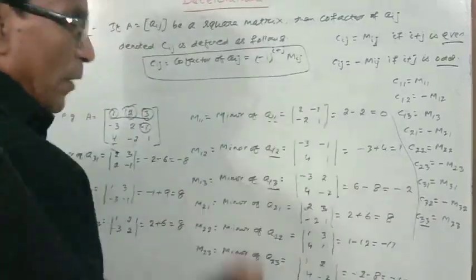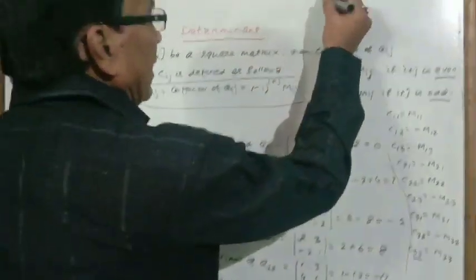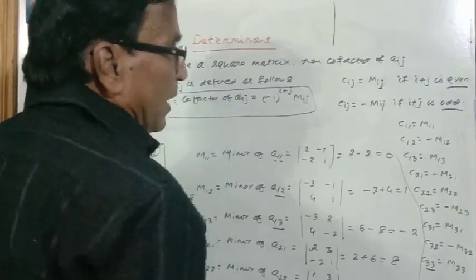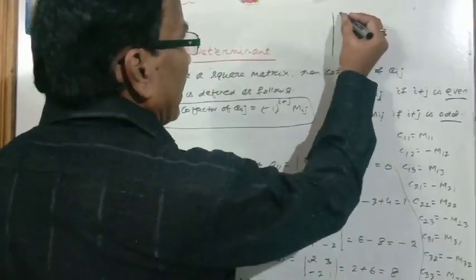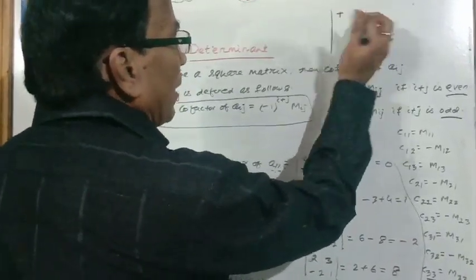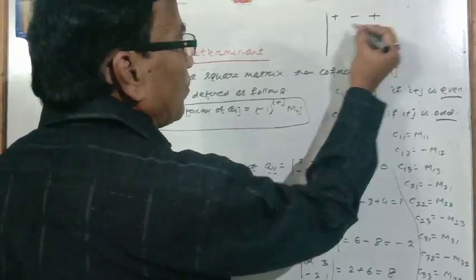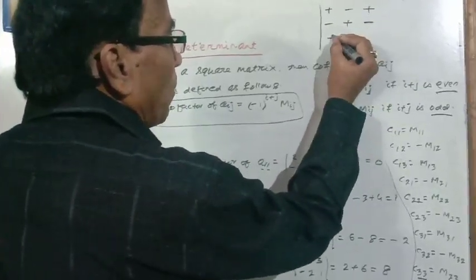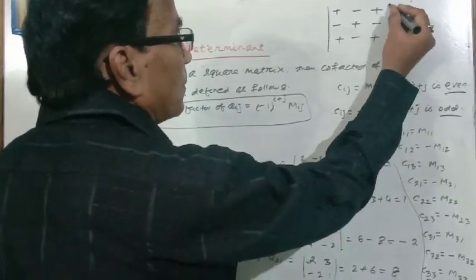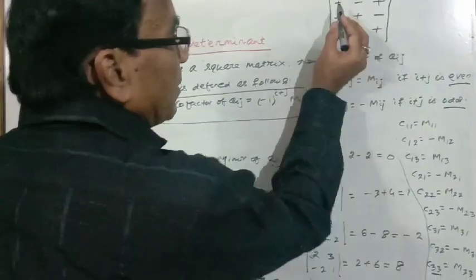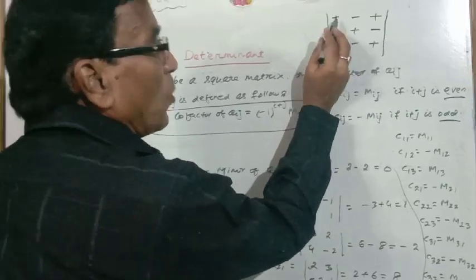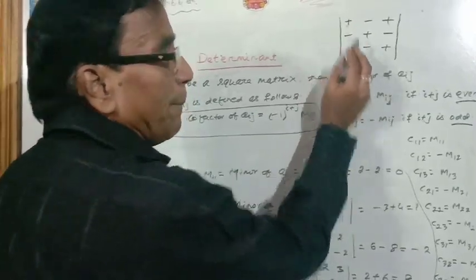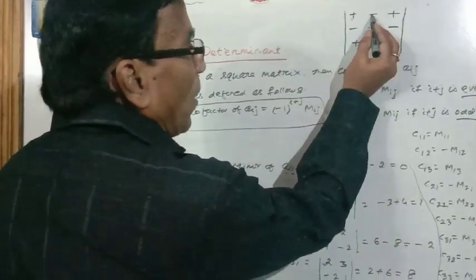That means in other way you can remember this thing, that in order to find out cofactor, for our convenience, we are taking plus, minus, plus, minus, plus, minus, plus, minus, plus. So for the element A11, cofactor and minor are same.